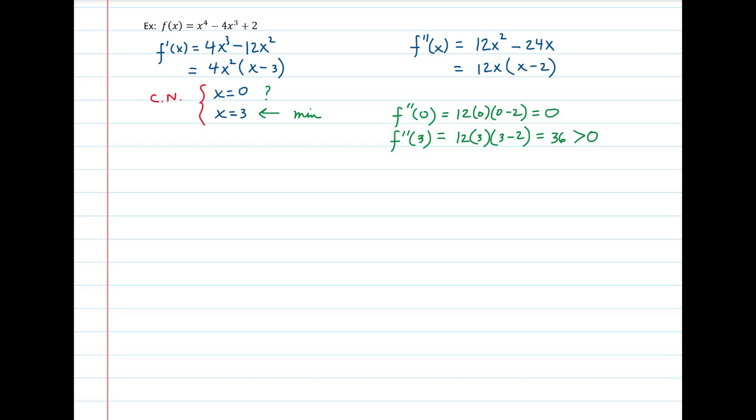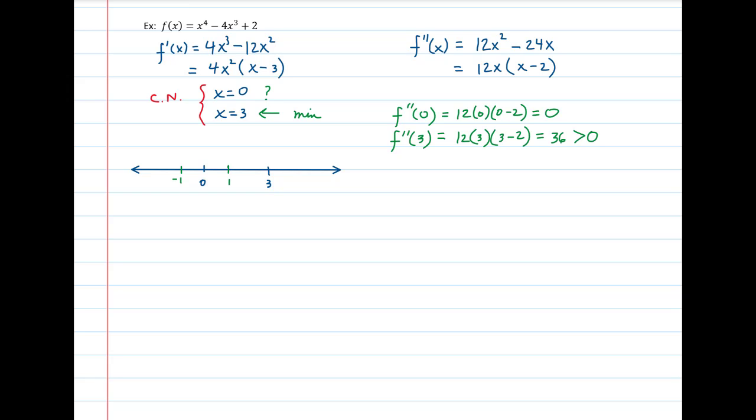So the test is inconclusive at that point. And so we're going to have to go back to our first derivative test, remember from our previous section, to determine whether there is in fact an extremum right there at x equal to 0. We've already determined that at x equal to 3 there is a min.